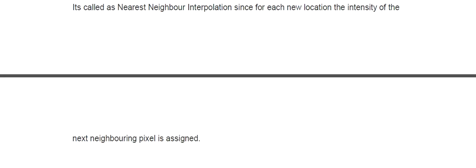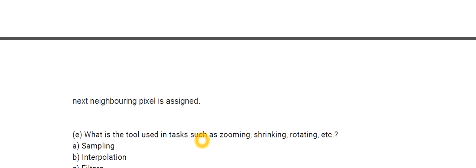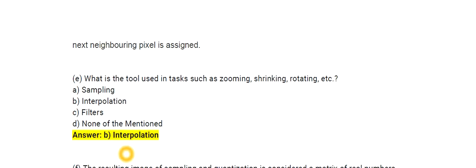Then next question, what is the tool used in tasks such as zooming, shrinking, rotating? Obviously that is interpolation, because guys, remember the classes. Just recall the classes where I discussed the zooming process, shrinking process, rotating process.